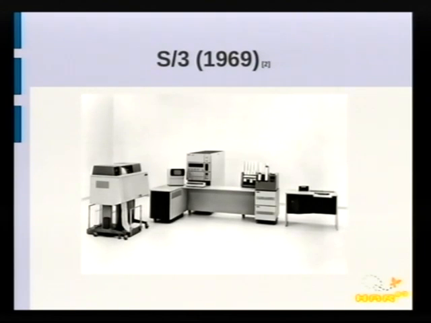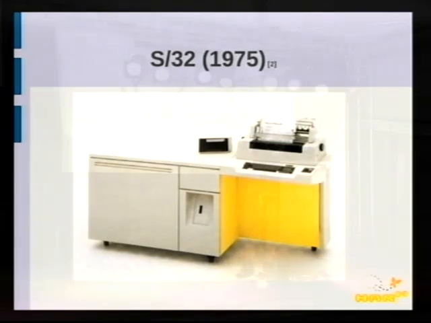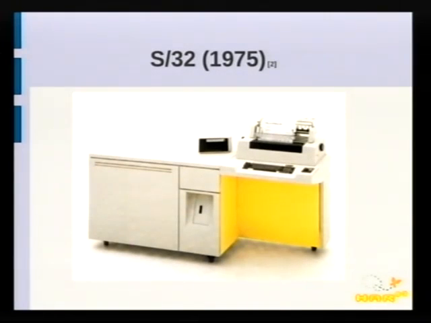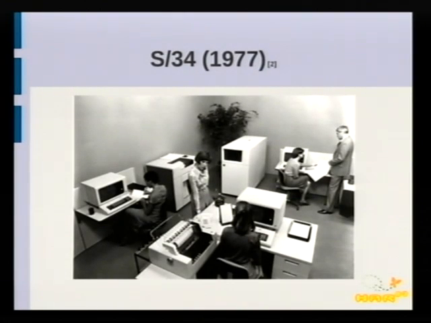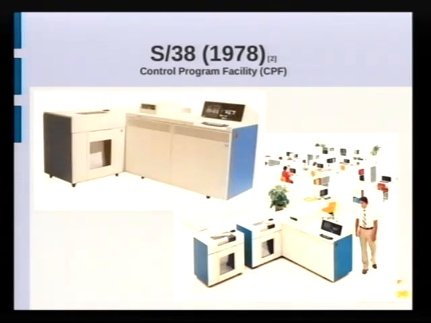I like pictures. It was followed up by the System 32 and the System 34. And then the System 38 was created, and that was actually a whole new system. The operating system software that ran on it was called Control Program Facility. So this was a whole new system.